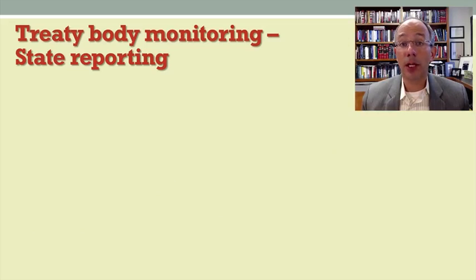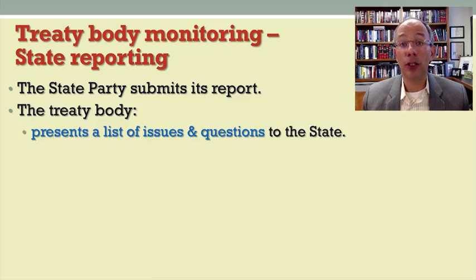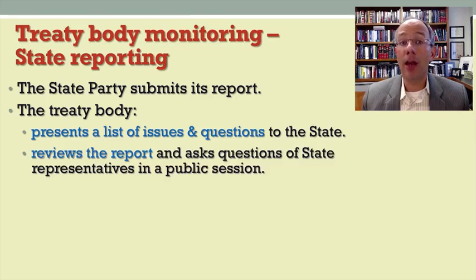Let's now focus on some of the procedures of the state reporting process. The first step is that the state prepares and submits its report to the relevant treaty body. The treaty body then prepares a list of issues and questions that it submits to the state. The state may reply to those issues and questions, and then there is a review of the report that occurs in a public session in which the state representatives are asked questions by the members of the committee.